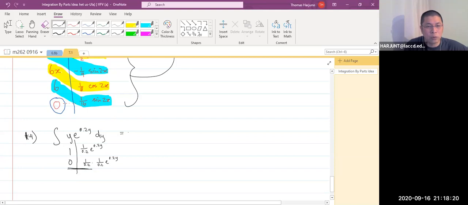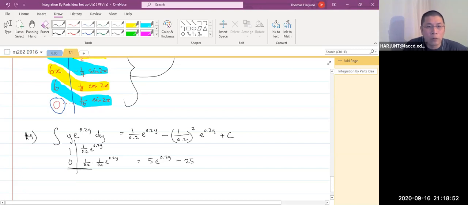So this is equals to 1 over 0.2 y e to the 0.2 y minus. Remember, the product should have alternating signs. Minus 1 over 0.2 squared, which is 5 squared, e to the 0.2 y plus constant.